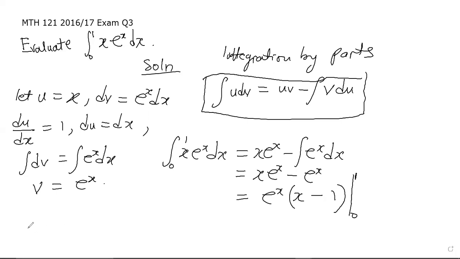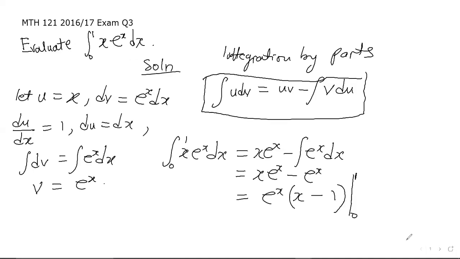So let's take another page to do that. The integral from 0 to 1 of x e raised to the power of x dx is now equal to e raised to the power of x into x minus 1, from 0 to 1.